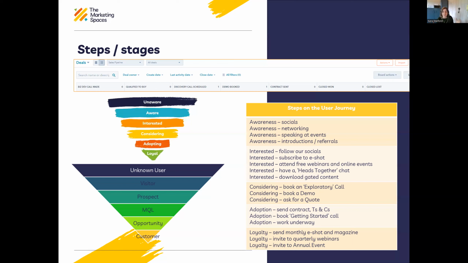Now, it is possible to actually expand out the stages. So if we look at this example, I've taken this from HubSpot, they actually take that considering stage, or what the sales might call prospect and MQL, and put it out. And they say, right, actually, there's more stages in here. There's a business development call to make to find out more about them. Then we qualify them.